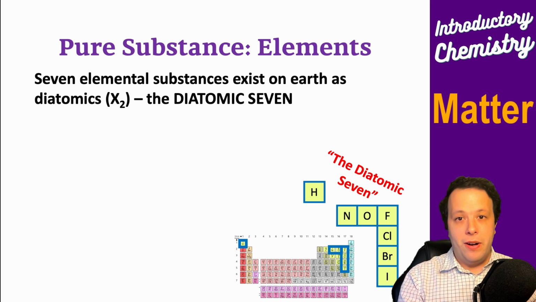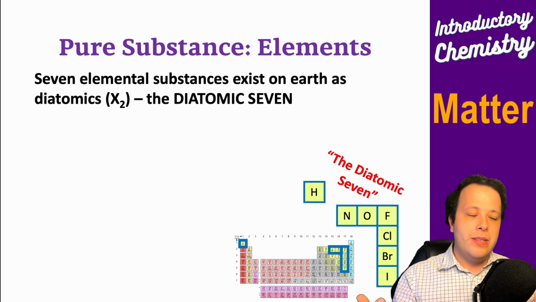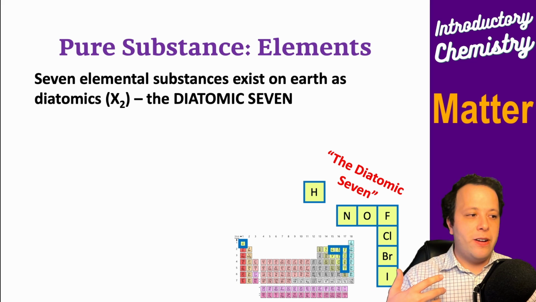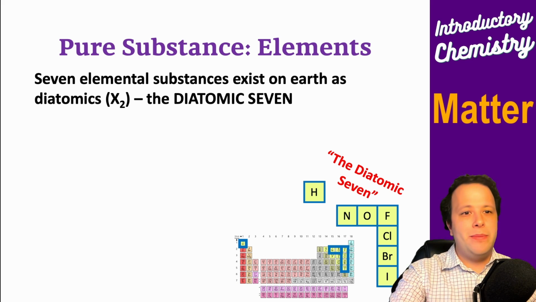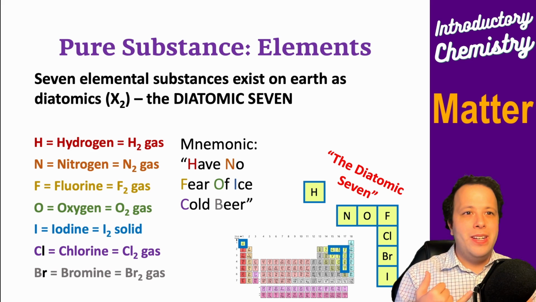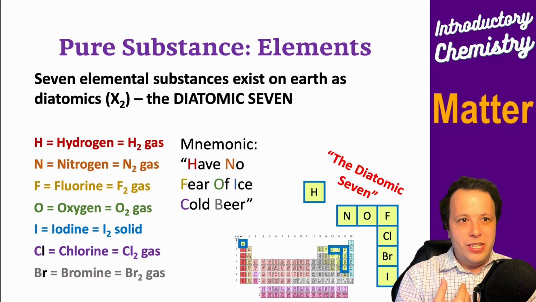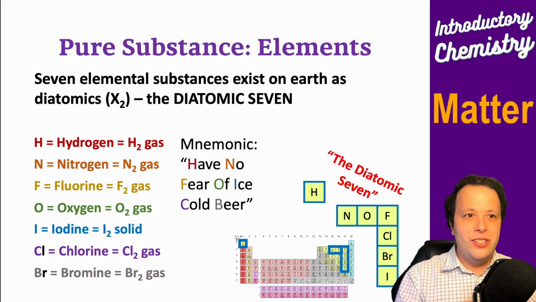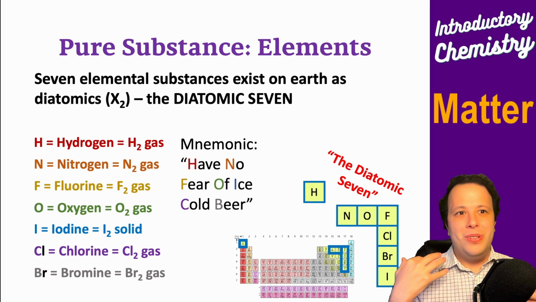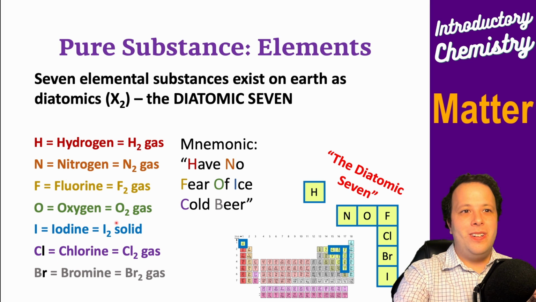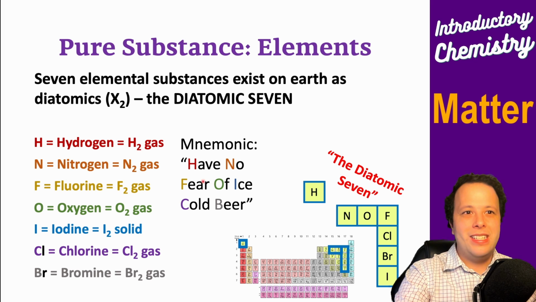You need to memorize them for any chemistry course, or any future higher level chem courses, and even if you're in respiratory therapy or biology courses, they come up quite often. These 7 gases are hydrogen, nitrogen, fluorine, oxygen, iodine, chlorine, and bromine.